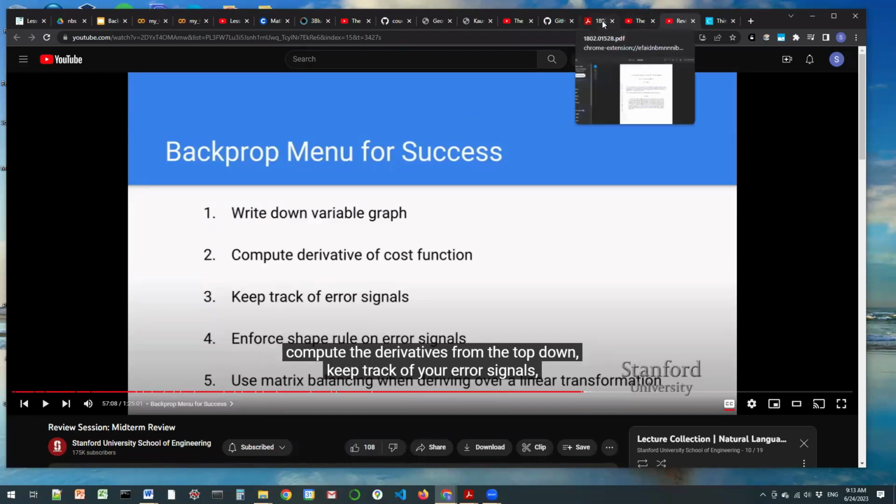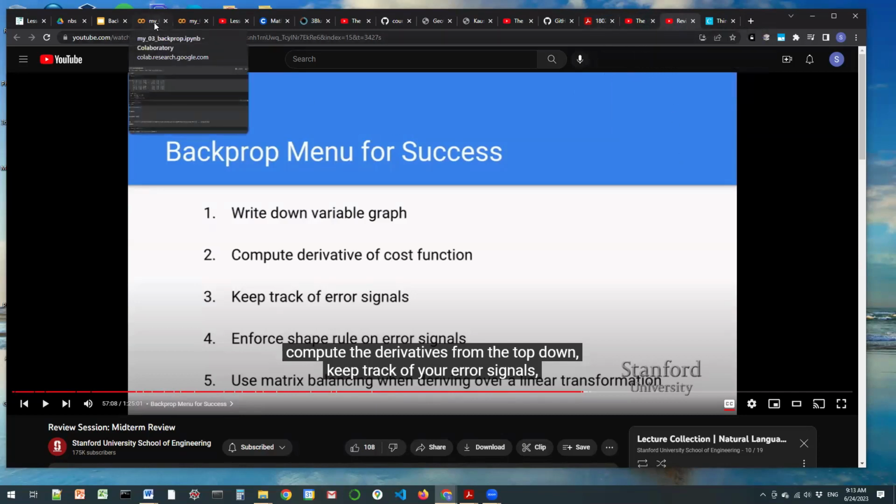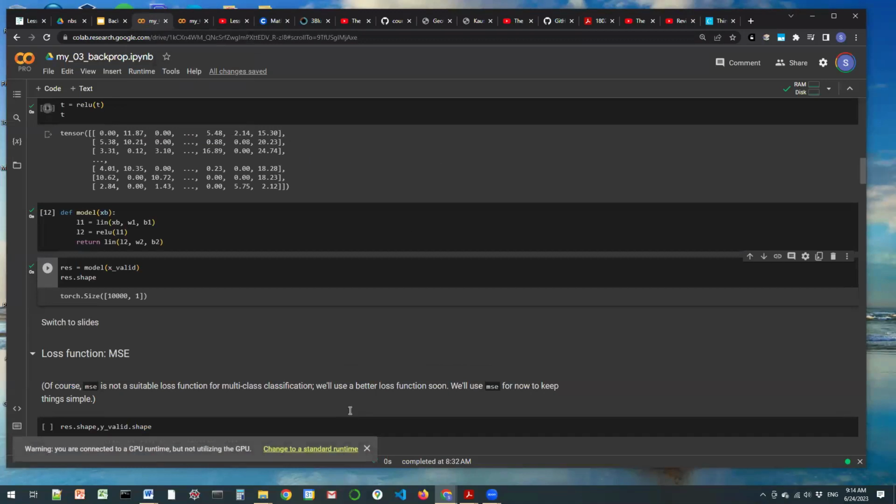So I'll post the links to these things if you're interested in more details of grasping in gory detail the backprop algorithm.